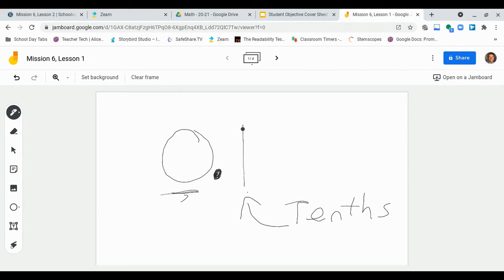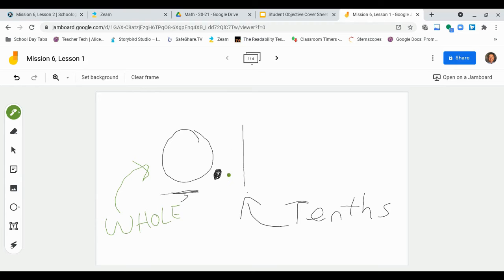Now, what does each of these represent? Our first number here, the 0, represents our whole number. The number to the left of the decimal is the whole number.